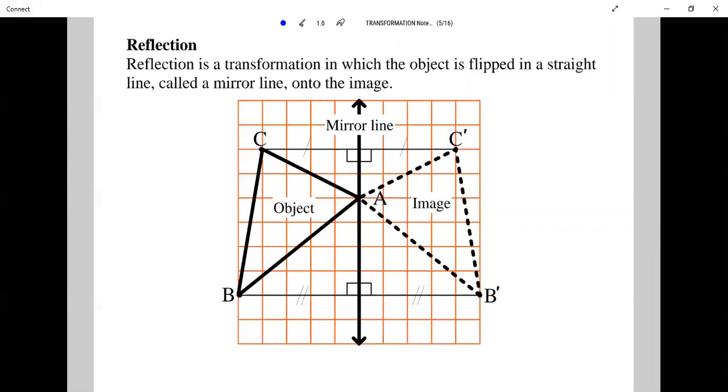So the object and the image are the same distance from the mirror line. All right, so this is what a reflection would look like. A reflection is a transformation in which the object is flipped onto the image in a straight line called the mirror line. So let's talk about some features of a reflection.